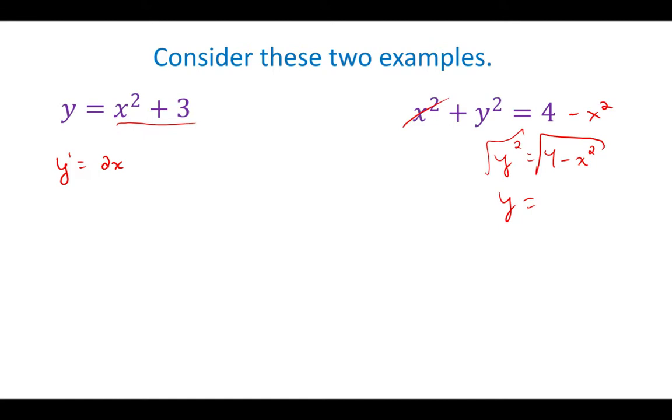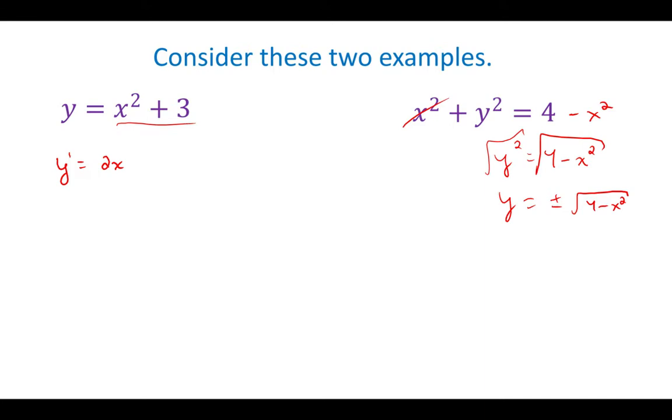However, the square root of 4 minus x squared is not just positive, it's actually the positive and negative square root of that. So here's where things get a little dicey. Do I want the positive or do I want the negative root? We're going to have maybe a little bit more challenging derivative. It would definitely be doable, but we don't know what to do with this plus or minus part.